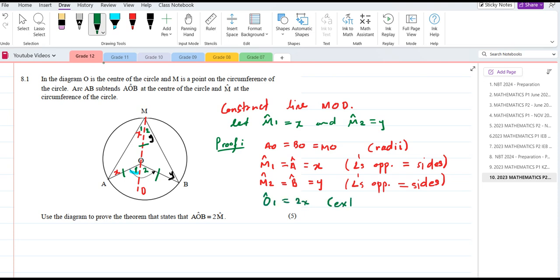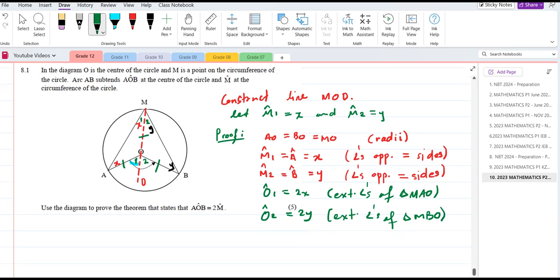That's exterior angles of triangle MAO. And similarly, angle O2 is equal to 2y because it's an exterior angle of triangle MBO.